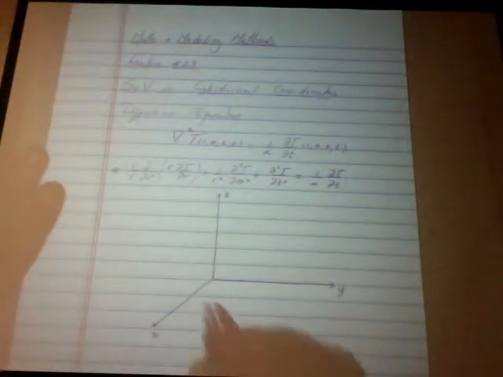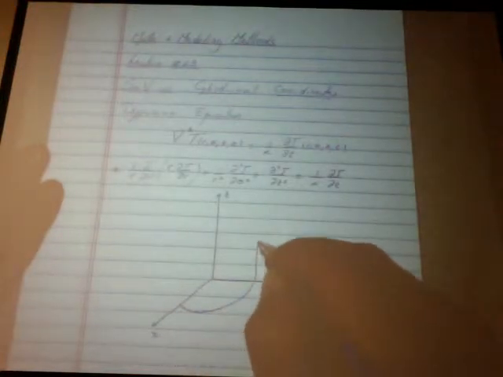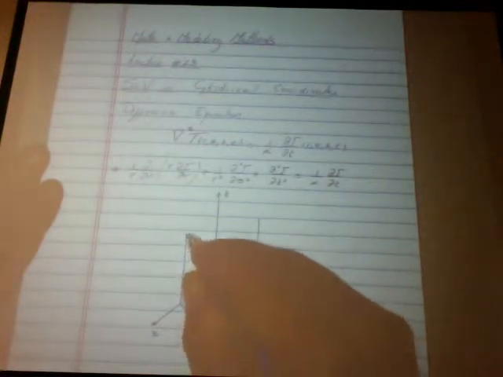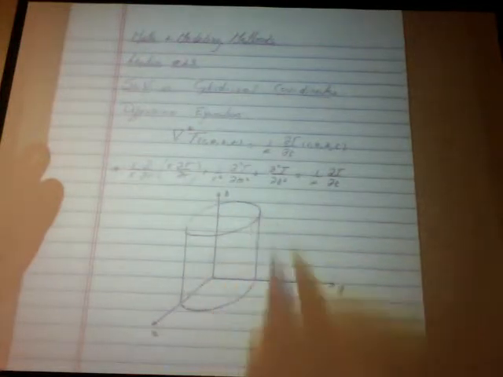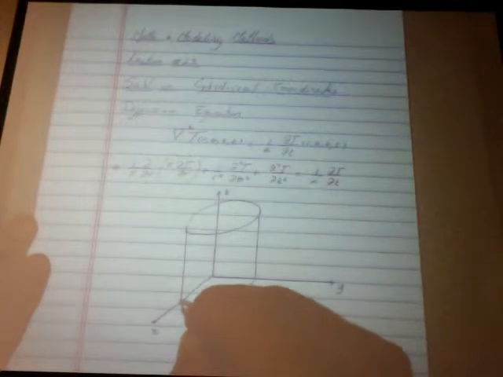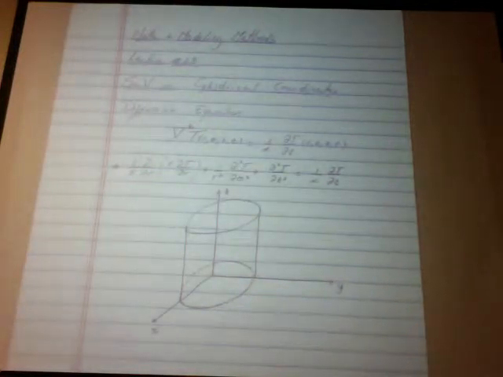So now we're essentially looking at a cylindrical system, and if we can embed that into the Cartesian coordinate system, basically that cylinder, the actual direction of that cylinder is the z-axis, the axis of revolution.